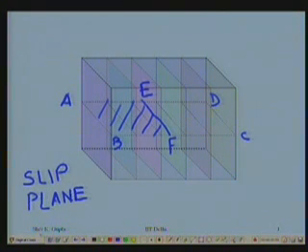On the slip plane, this part A, B, F, E on which I pushed these atoms, because I had cut the bonds earlier and then made the bonds again, I call it the slipped part of the crystal.